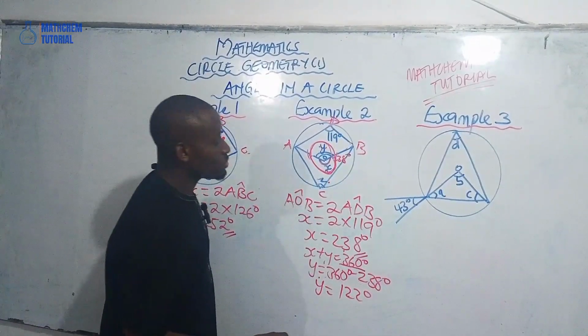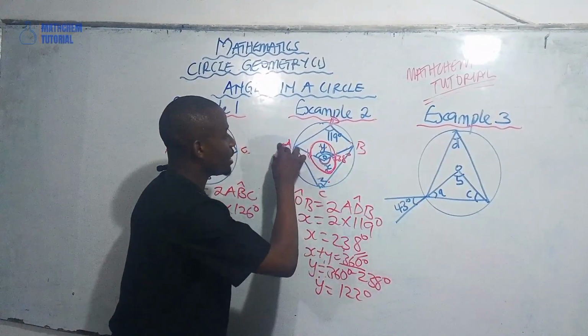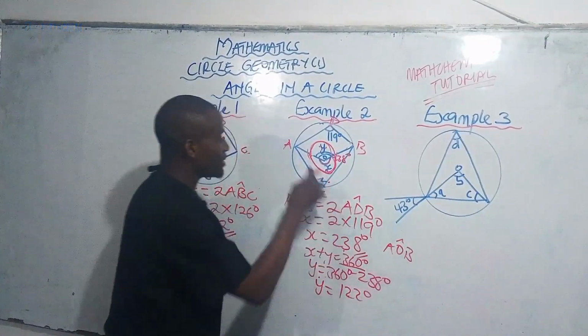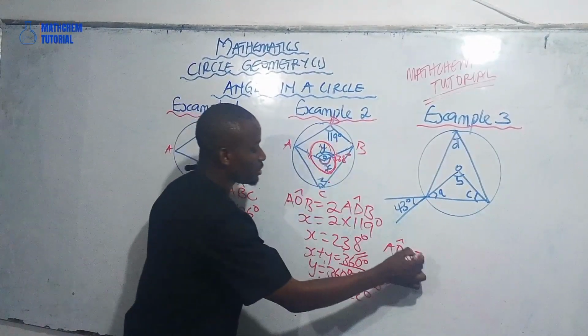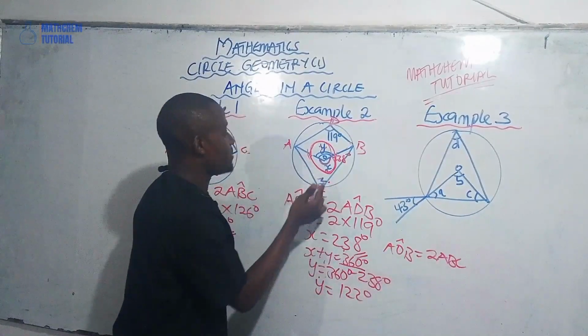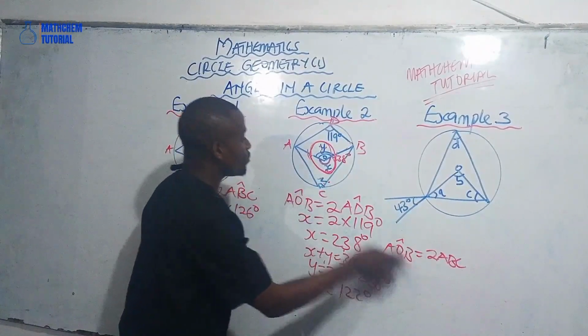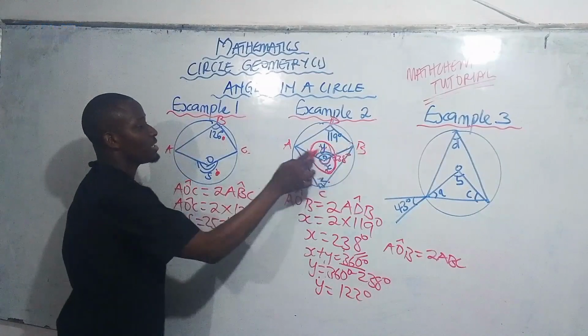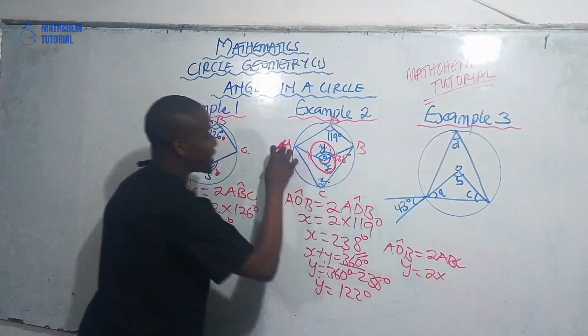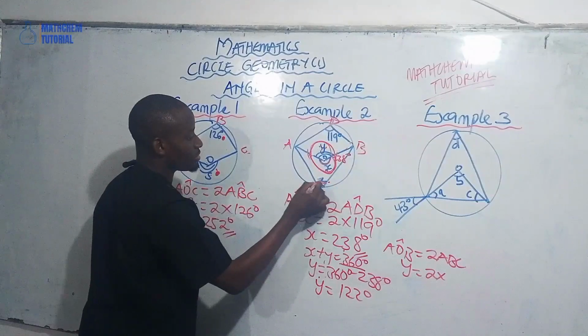To get this z, angle AOB, I mean the reflex of AOB, which is this y, equals 2 of ACB. So ACB is representing this z. This angle AOB is this y, so y is going to be 2 times ACB, which is this z.